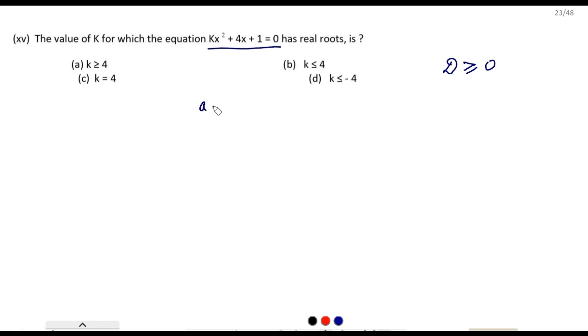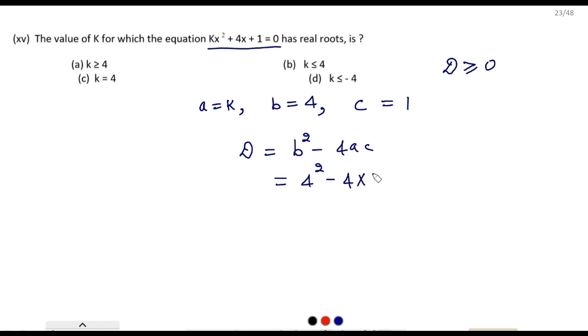In this equation, a is k. Compare this equation with the standard quadratic equation ax square plus bx plus c is equal to 0. Then we get a is equal to k, b is equal to 4 and c is equal to 1. Now the discriminant b square minus 4ac will be 16 minus 4k, and for real roots it should be positive.